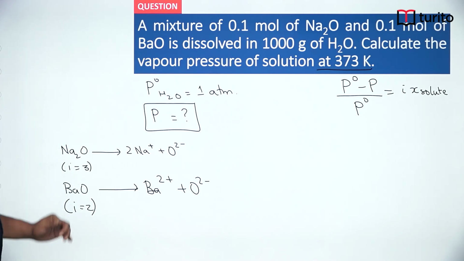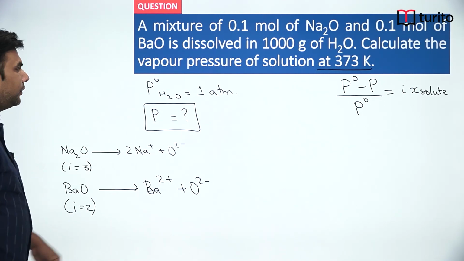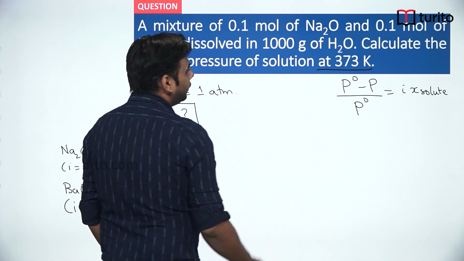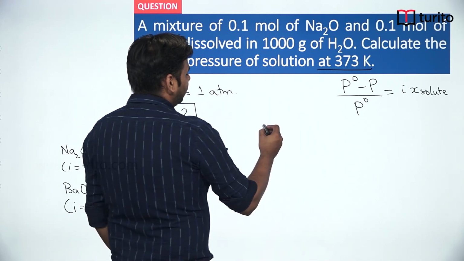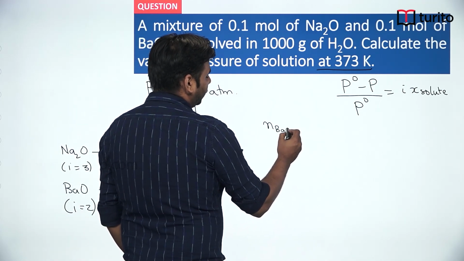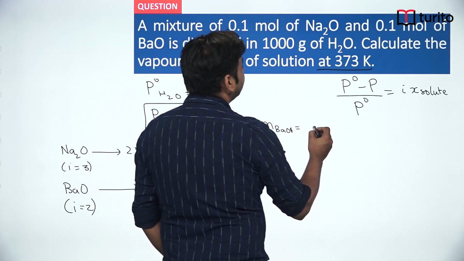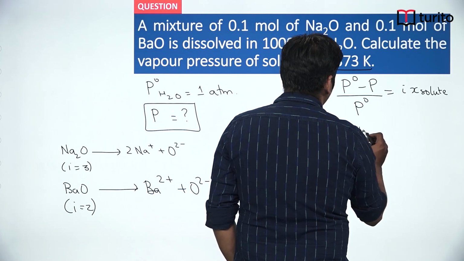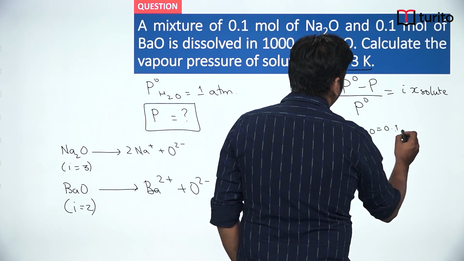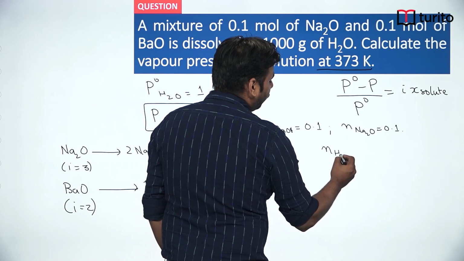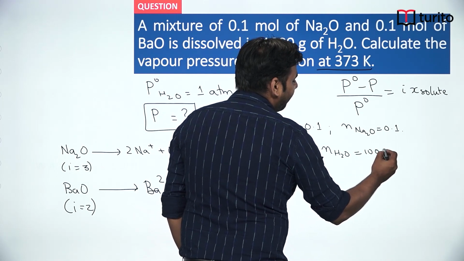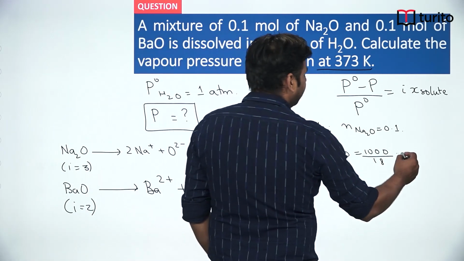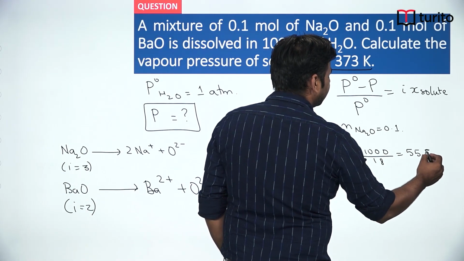Now the moles have been given to us. The number of moles of barium oxide, which was one solute, is 0.1. The number of moles of Na2O, which was another solute, is also 0.1. The number of moles of solvent, water, would be 1000 upon 18, which is 55.56.